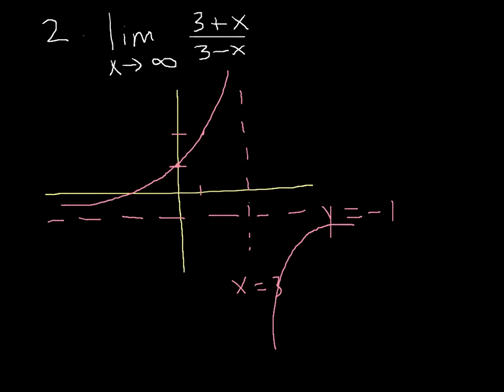But in either case, we can see as x is going to infinity, my x's are going out to infinity, here's my function. It's going to be approaching this horizontal asymptote. So the limit is going to be -1. The bigger x gets, the closer I'm going to get to that value of y equals -1, even though I'll never actually reach it.